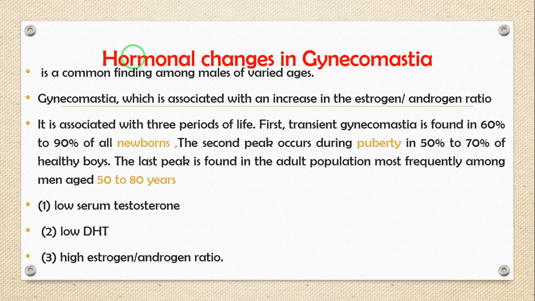The level of the potent dihydrotestosterone will also be low, while the ratio of estrogen to androgen will be increased. So these are the characteristic changes in gynecomastia: low serum testosterone concentration, low dihydrotestosterone concentration, and a high estrogen to androgen ratio.